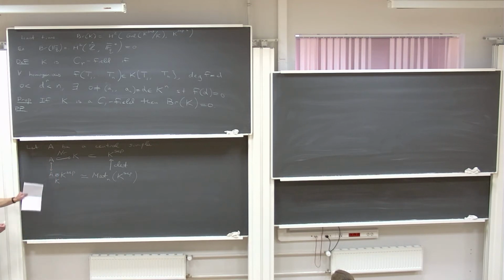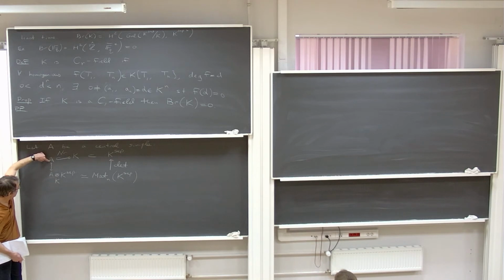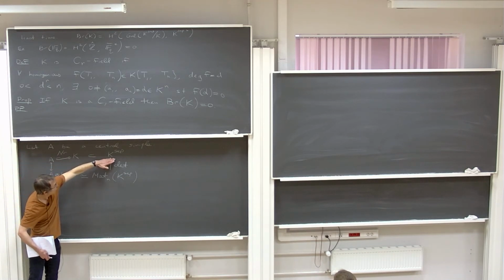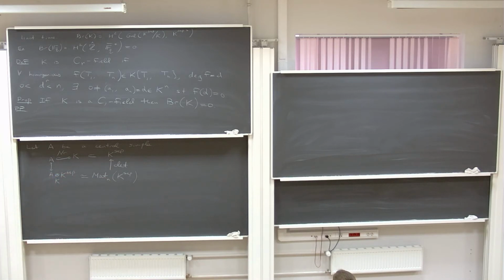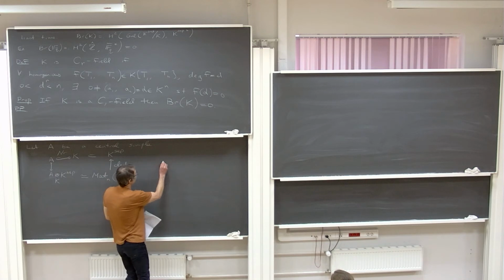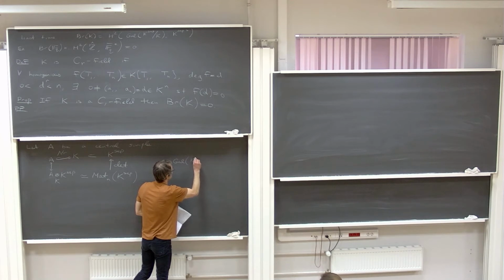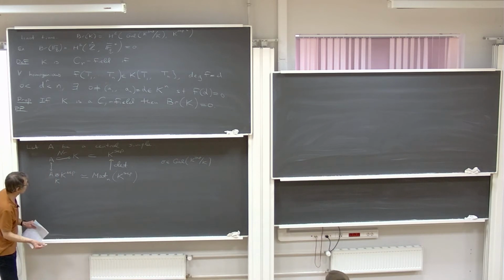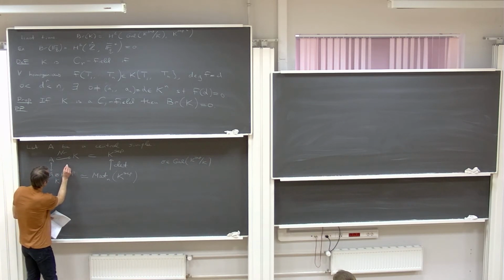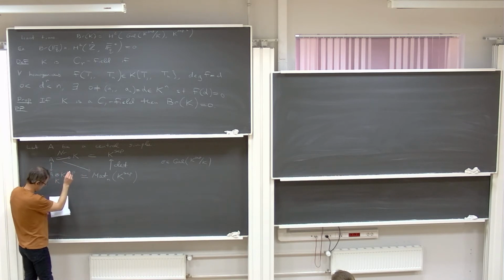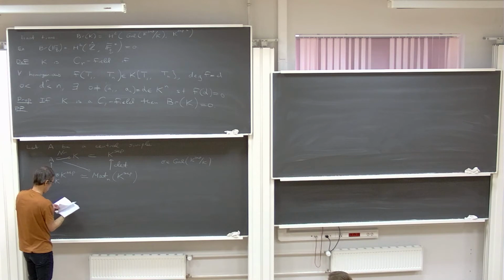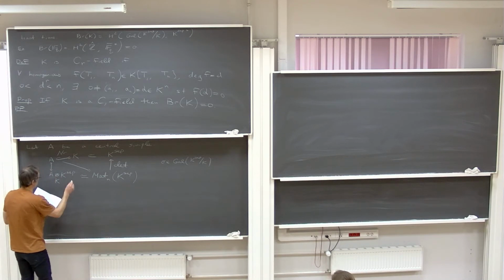Moreover, let's show that if I take any element of A, then its image here is Galois invariant. So I give myself some sigma in the Galois group. I have this arrow, let's call it i.